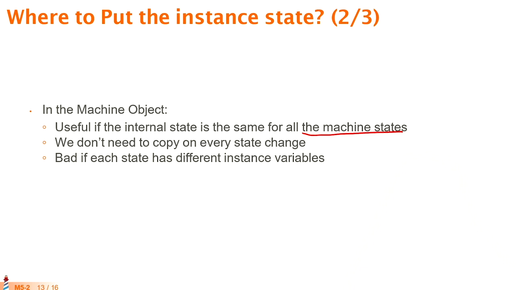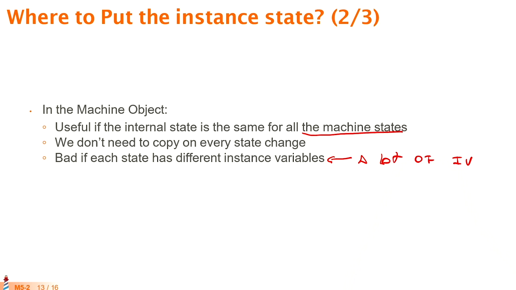When we change from one state to the other, we don't need to copy these values. So this simplifies the changing of one state to the other, but has a problem that in this example is not clear. But if we have a lot of instance variables in the coffee machine, the problem is if these instance variables are different from state to state.